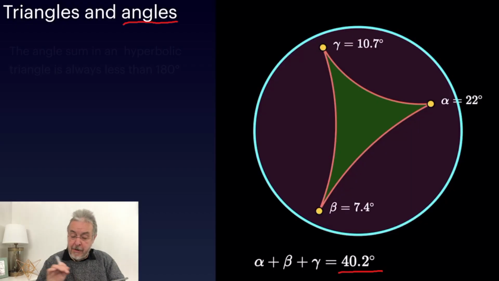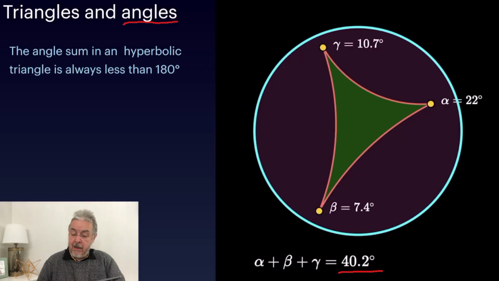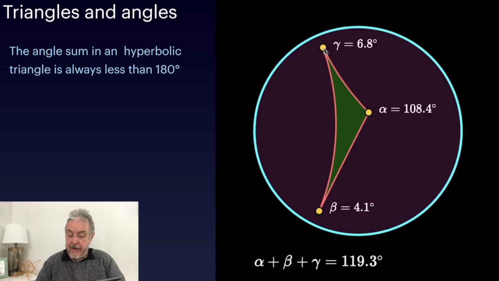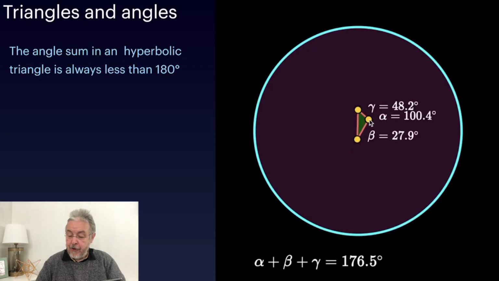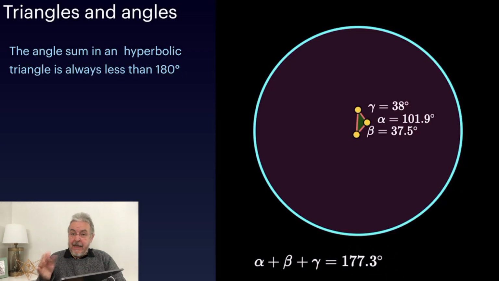So let's do the contrary. Let's draw a triangle that is reasonably small. So let's take our points and move them close together, and I guess you already have an idea what's going to happen. So the angle sum for a small triangle will be closer and closer to 180 degrees, and the reason for that is that a small portion of the hyperbolic plane actually looks like a Euclidean plane.